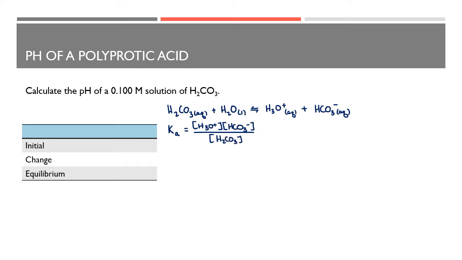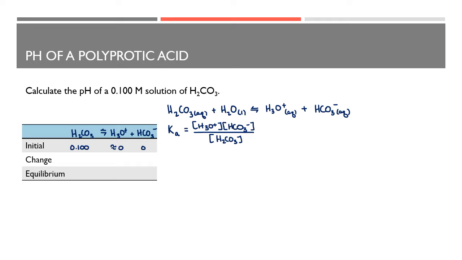I'm going to fill in an ice table here. So I'll start with the reaction. I'm going to leave out the water. So I have H2CO3 in equilibrium with the hydronium ion and the HCO3 negative ion. My initial concentration, this is what I'm given. This is the molarity that I'm given. So 0.100.